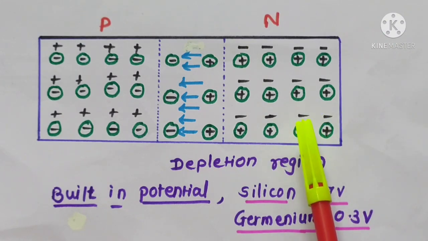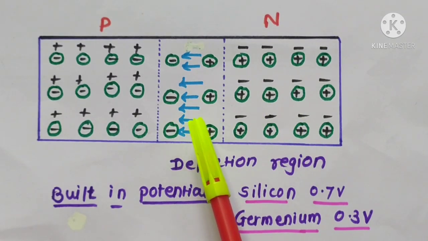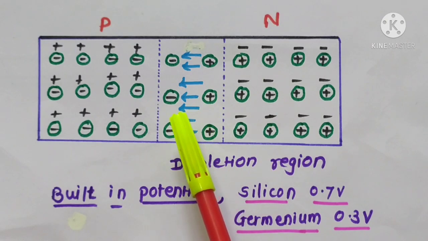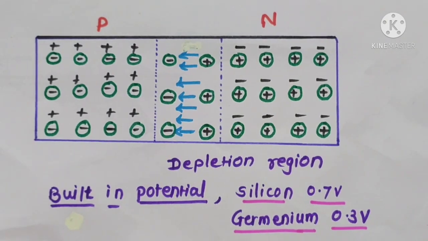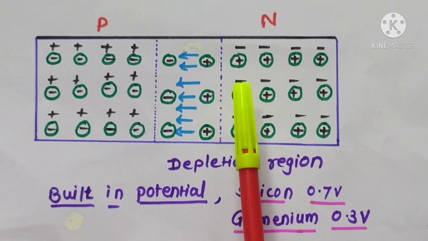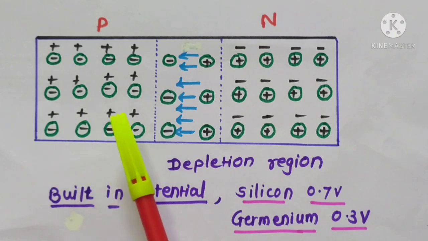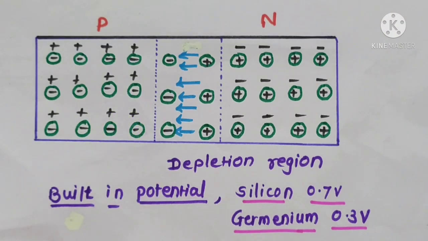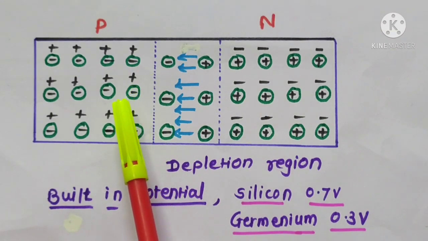Due to this electric field, the minority charge carriers in both regions are able to cross the depletion region. For example, minority charge carriers in the n-type region will be swept towards the p-type region, and they will become majority charge carriers there.